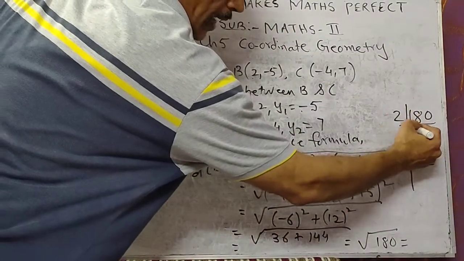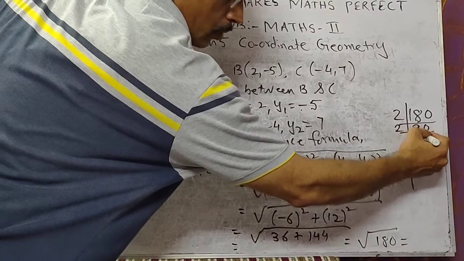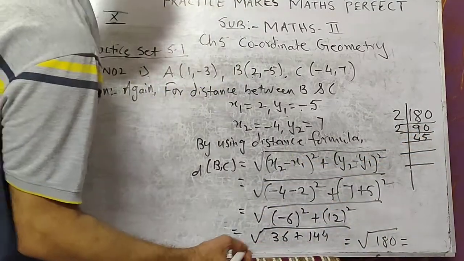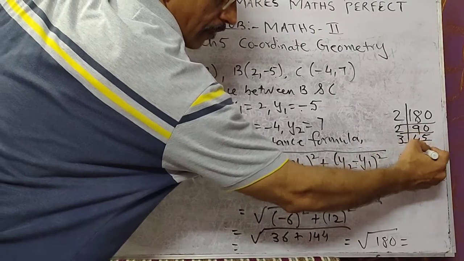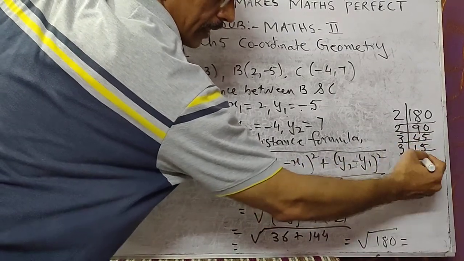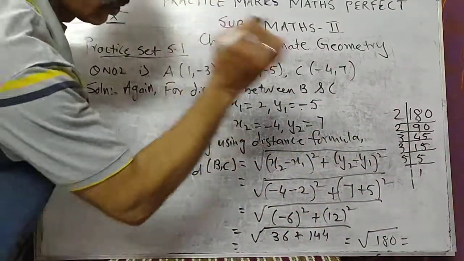2 9s are 18, 2 4s are 8, 2 5s are 10, 3 1s are 3, 3 5s are 15, again 3 5s are 15, 5 1s are 5. Okay, you can use prime factor method.